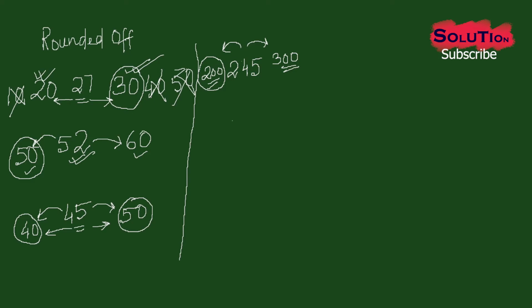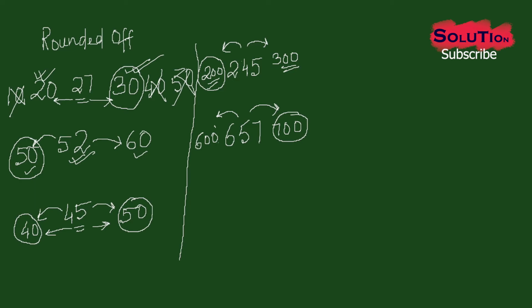Let me take another example, 657. We are now doing hundreds round off, and for 657 on the left side we have 600, and on the right side we have 700. You can clearly see that 700 is closer to 657 than 600.